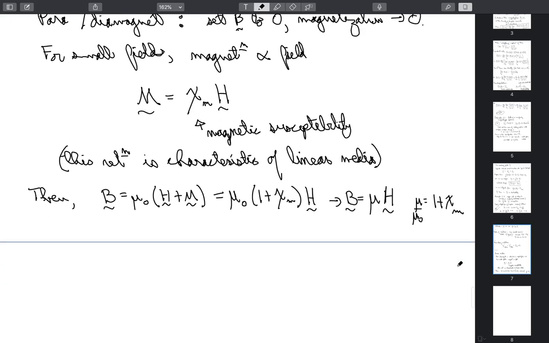This mu is called the permeability of the medium.